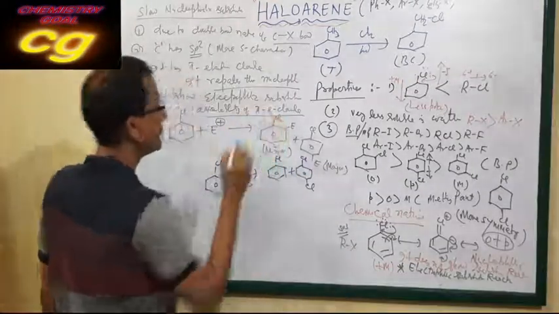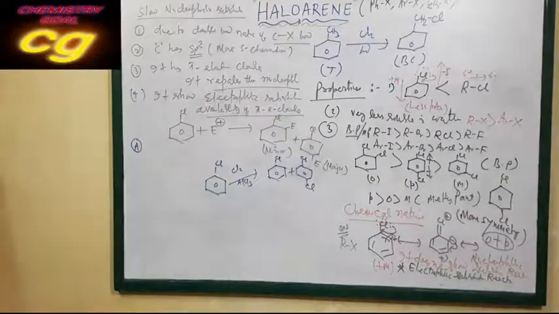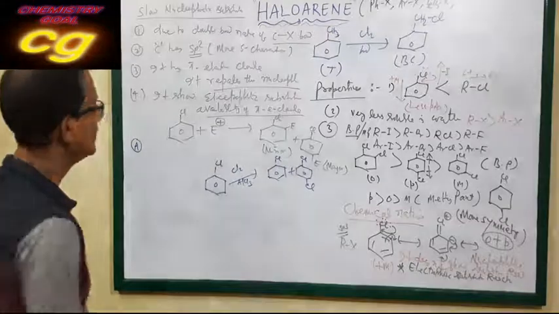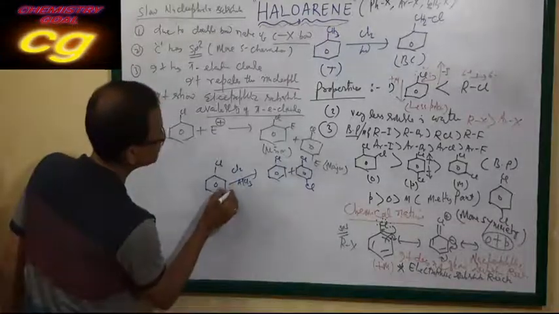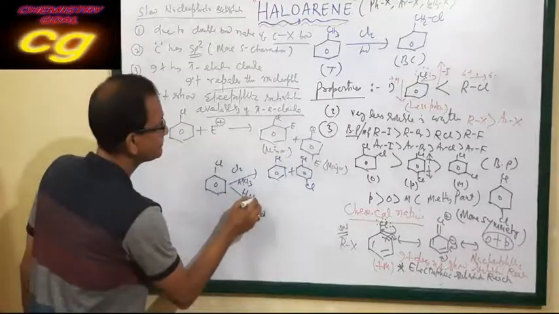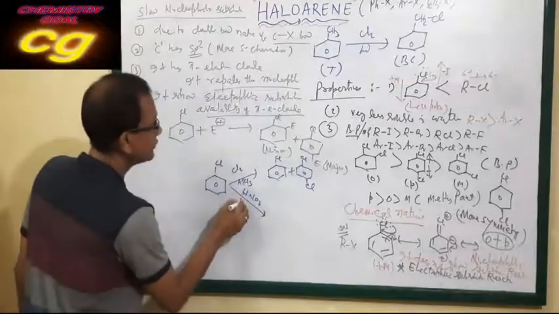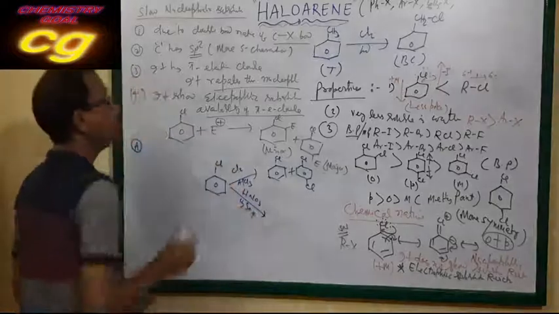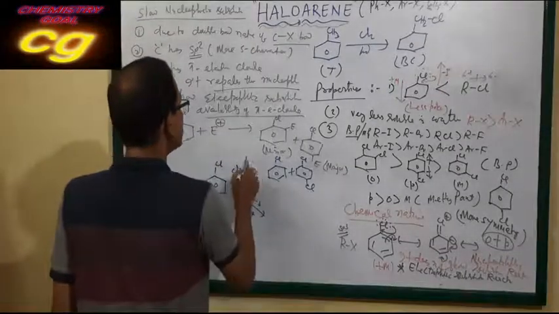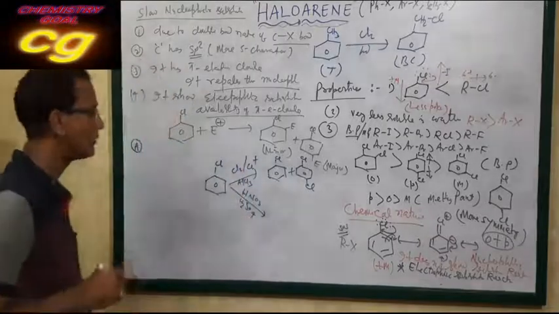Ortho and para. This reaction is called chlorination or halogenation. If you use nitration, nitric acid and sulfuric acid, then with aluminum chloride and chlorine the electrophile is generally Cl plus, as the electrophile.